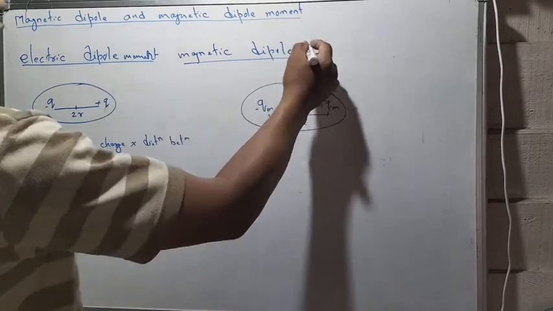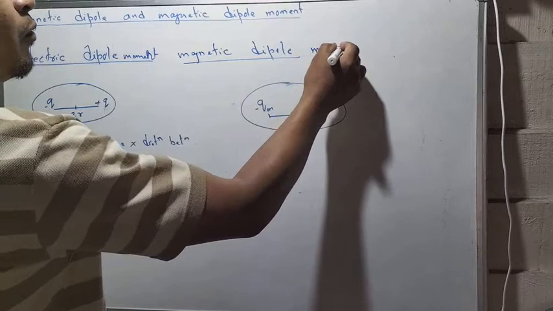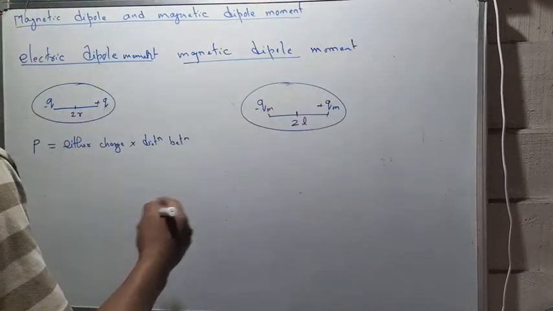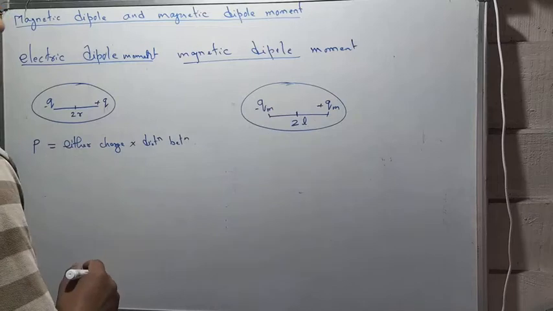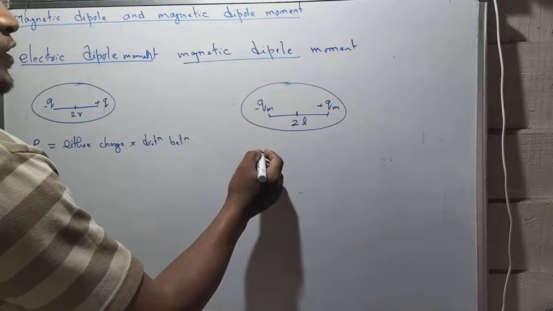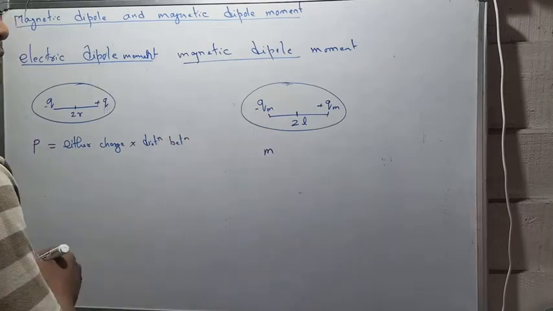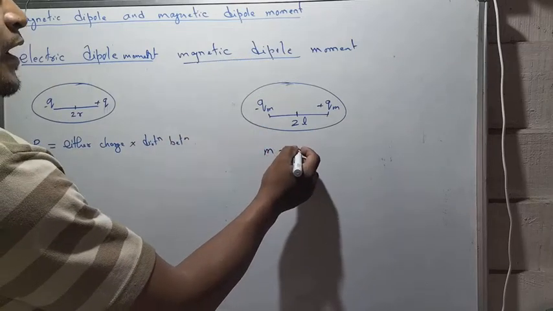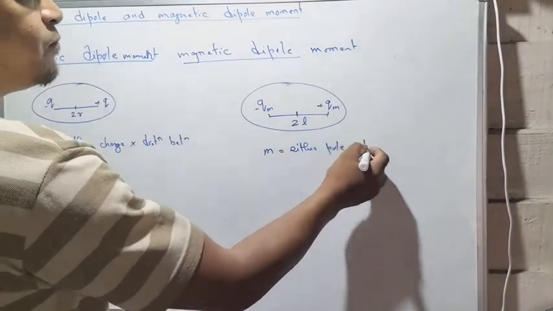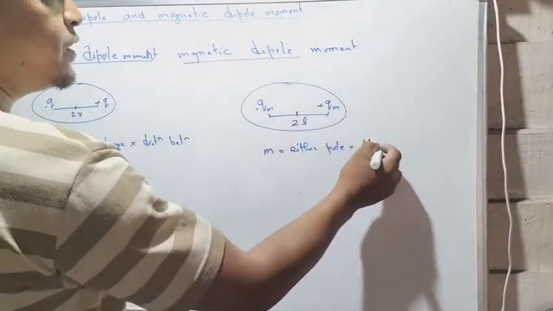So similarly, I will define a magnetic dipole moment as the product of either pole times the distance between them. But for this magnetic dipole moment, I will denote it by the letter small m. So this small m means either pole times the distance between them.